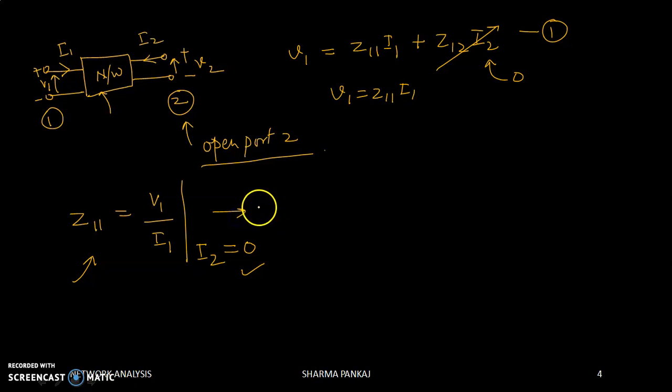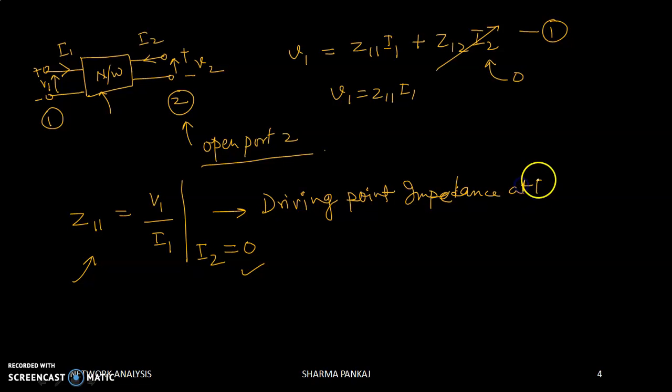Please take it very seriously. This is called driving point impedance at port number 1. The unit of Z11, which is V1 upon I1, is ohm.